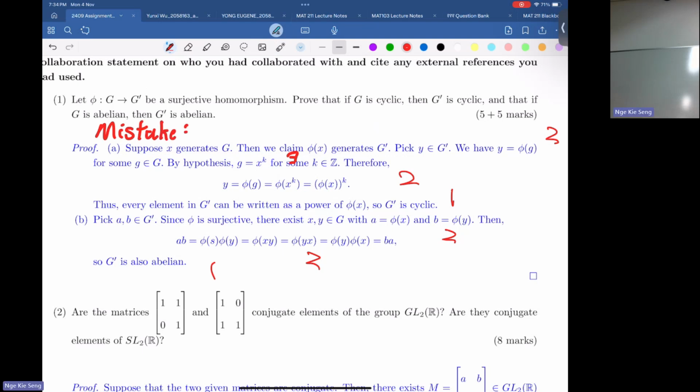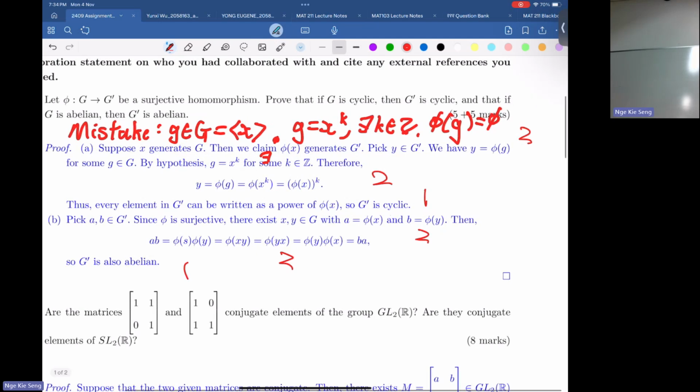Most of you said that g in G is cyclic, so g equals x^k for some k, and then you just do φ(g), use homomorphism, φ(x)^k, and then you deduce that G' is generated by φ(x).